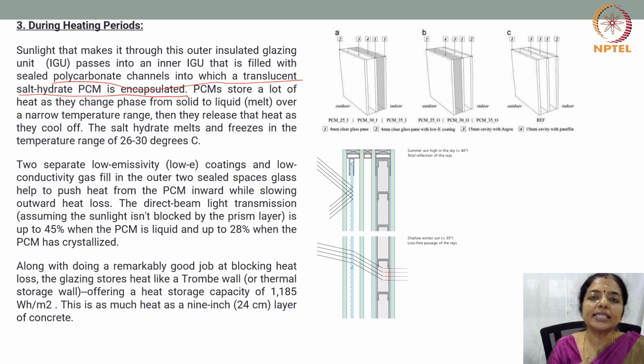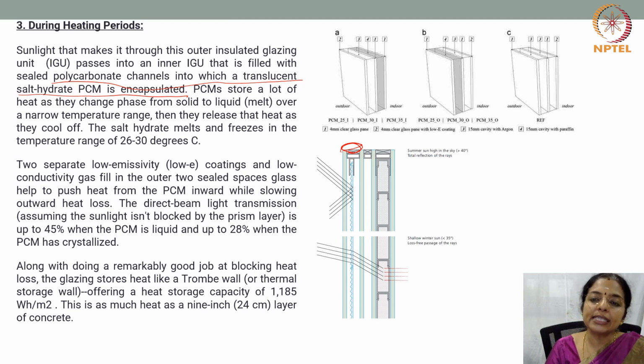So there is an outer insulated glazing unit, say this one, and this has suspended prismatic filler like a Fresnel lens between the panes of glass that reflects higher angle sunlight back out while transmitting low angle sunlight.